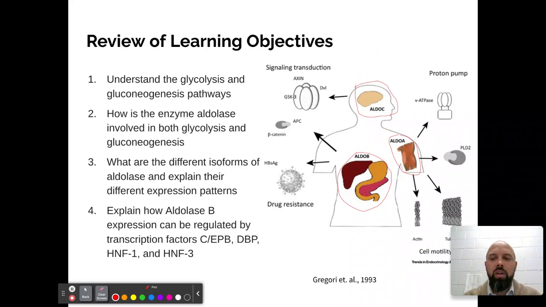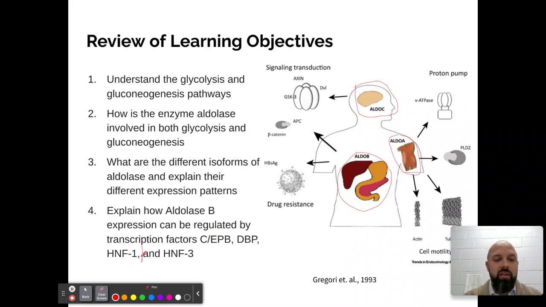We also looked at some key differences. A and C are very involved with glycolysis, where B is very involved with fructose in its breakdown. And then we looked at aldolase B in particular, and we looked at its gene expression, specifically how transcription factors C/EBP, DBP, and HNF1 are all activators.